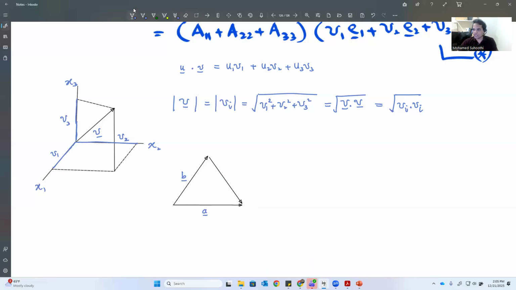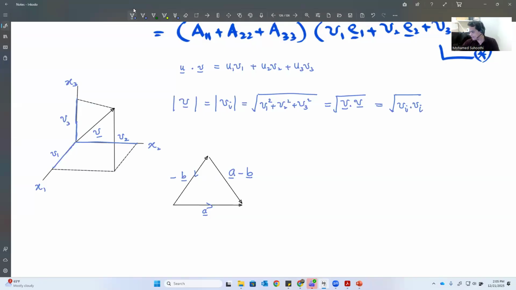If you apply the vector addition rule, this will be A vector minus B vector. You only have to change the direction of this one. If we change this vector into the other direction, it will become minus B plus A, that is actually A minus B.